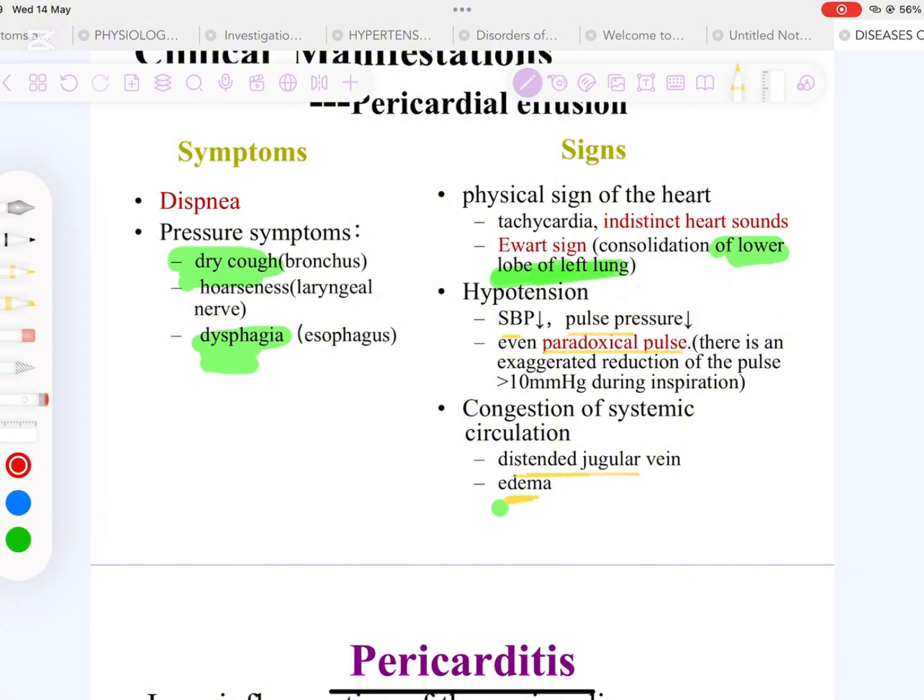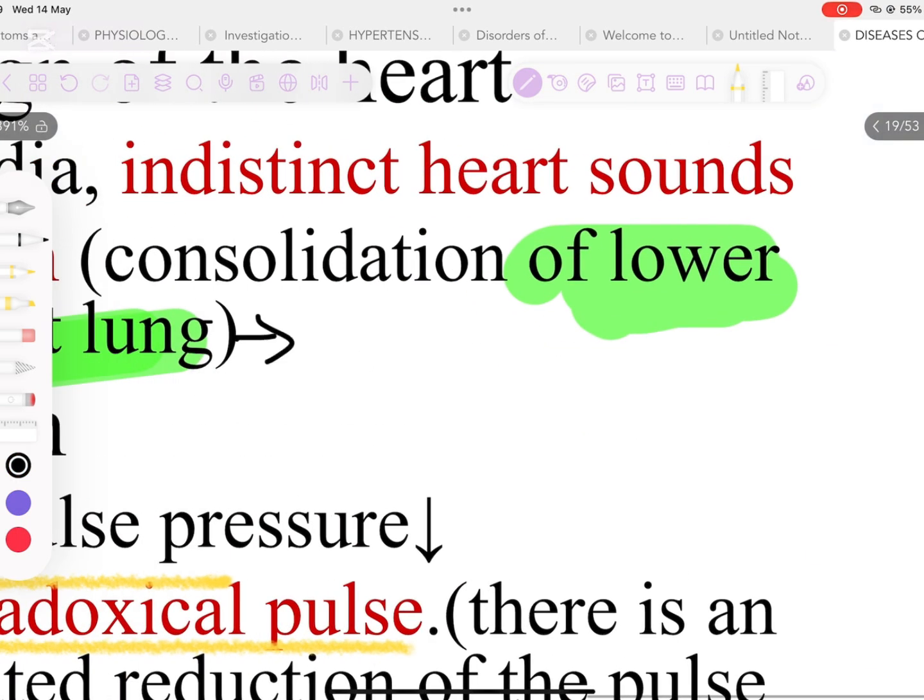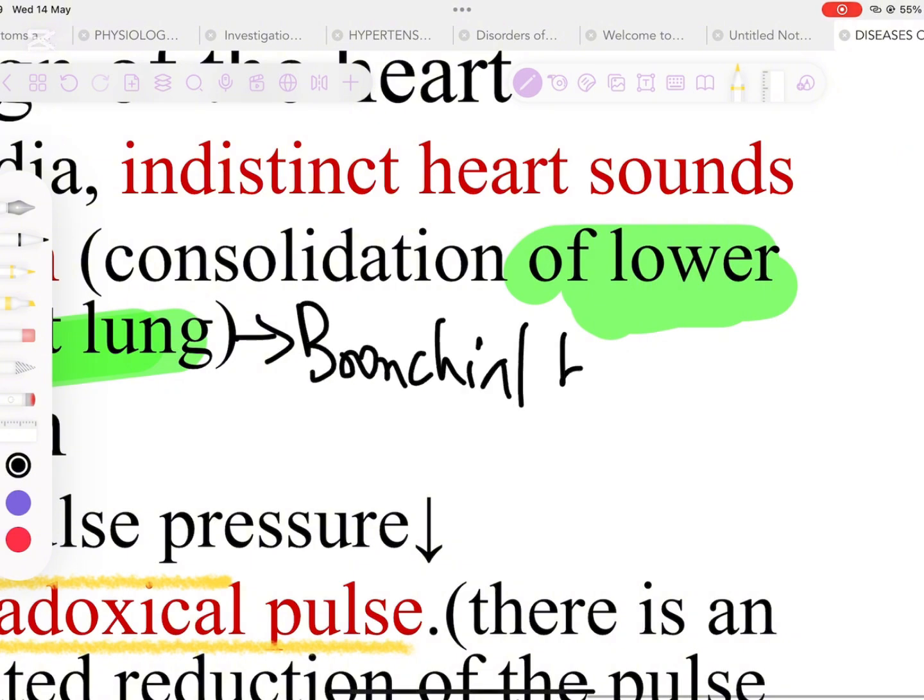So that left ventricle is resting on the lower lobe of the left lung, so of course, that lobe will now be consolidated. It will be denser, so you are going to be hearing bronchial breath sounds. That is what you see in Ewart's sign. So let me just include it here. Bronchial breath sounds.